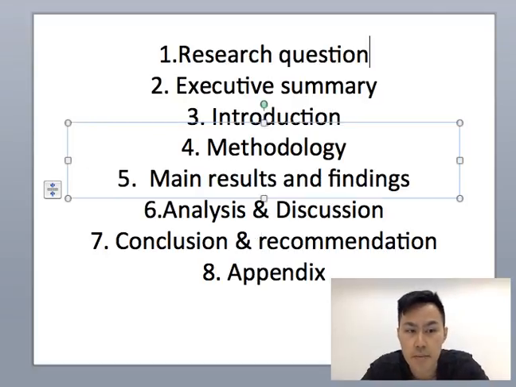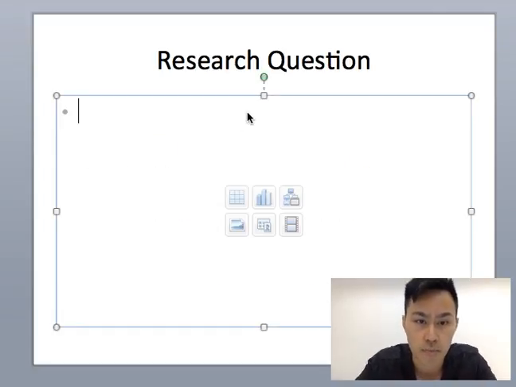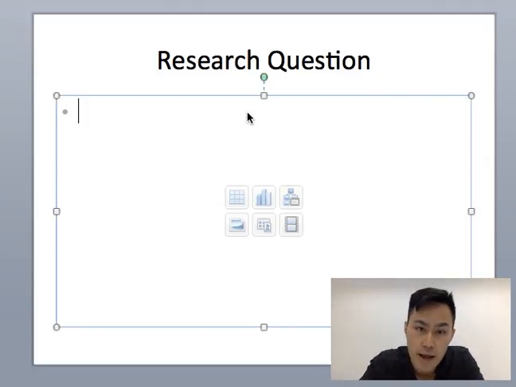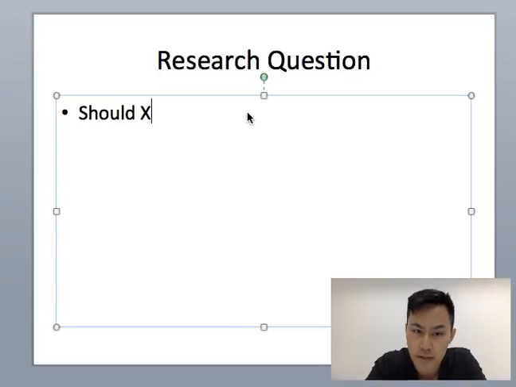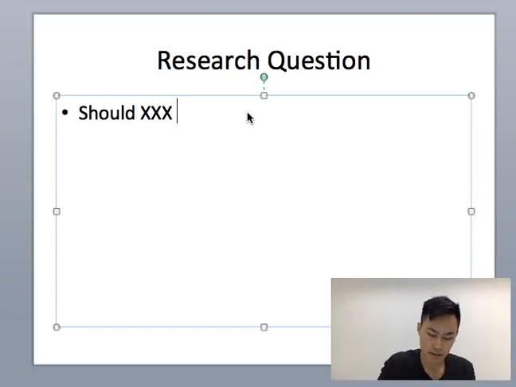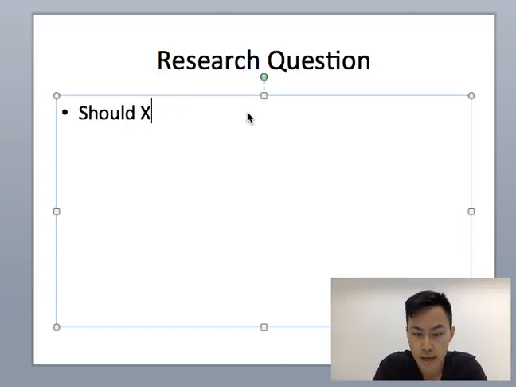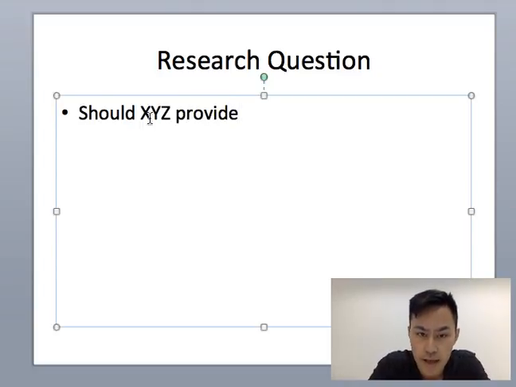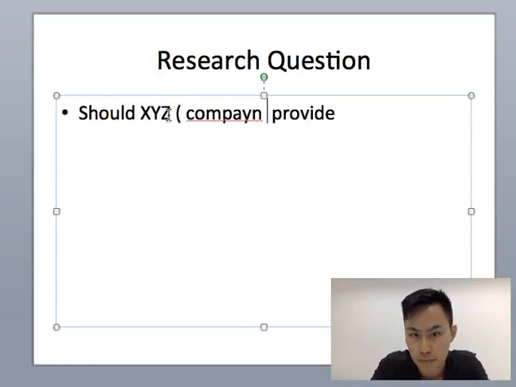First, let me go through research questions. How should your research question be? I'll suggest you start with "should". Should the company, let's say, should XYZ company provide... The structure has to be "should", then the company, and then "provide".